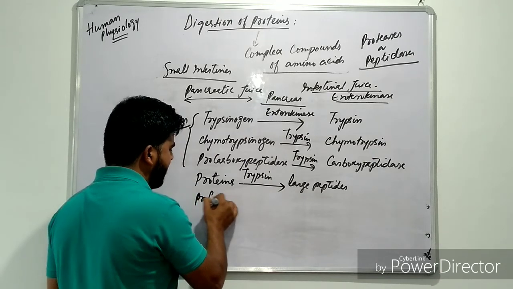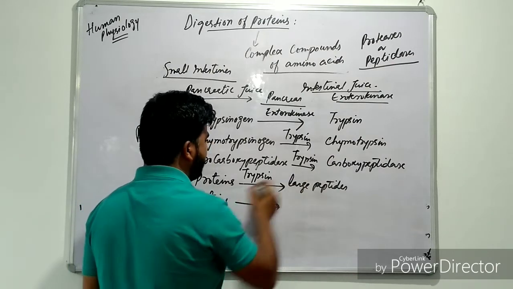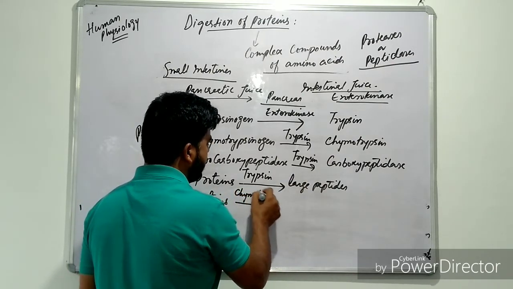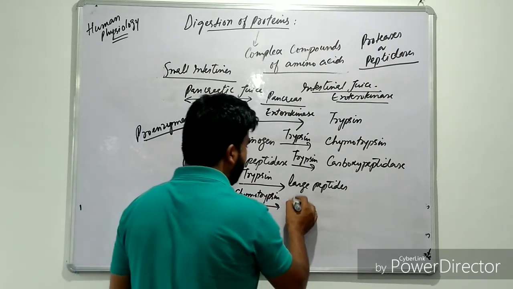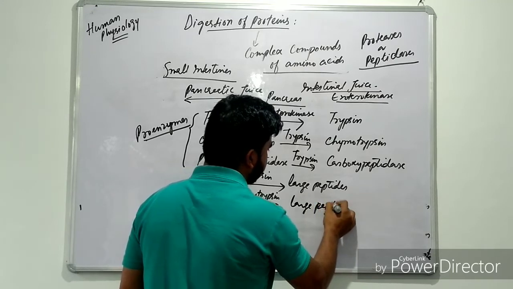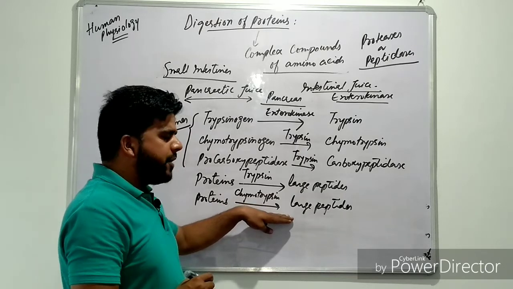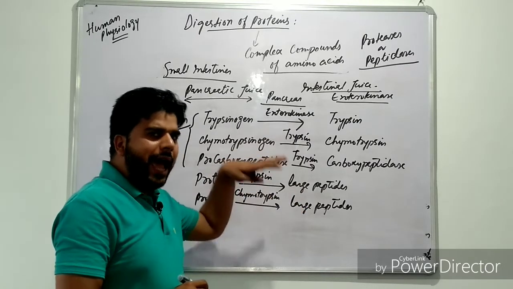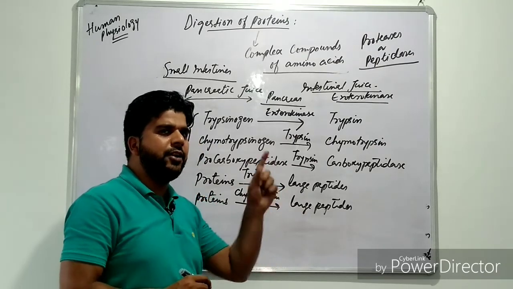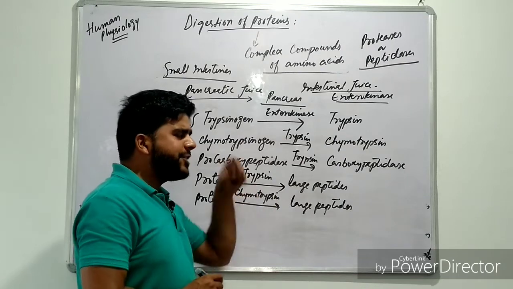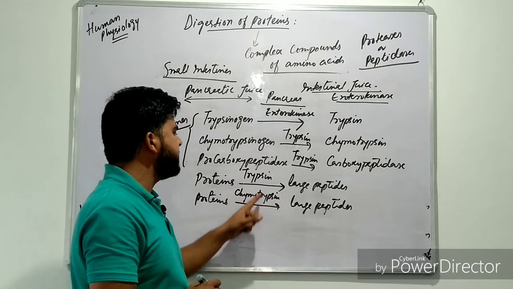Still, some proteins are left which are not converted into large peptides. Those will be acted upon by chymotrypsin, and chymotrypsin will convert these proteins into large peptides. So at this moment, all the proteins have been converted into large peptides. A certain proportion was converted in the stomach, and the rest was converted in the small intestine by the action of trypsin and chymotrypsin.